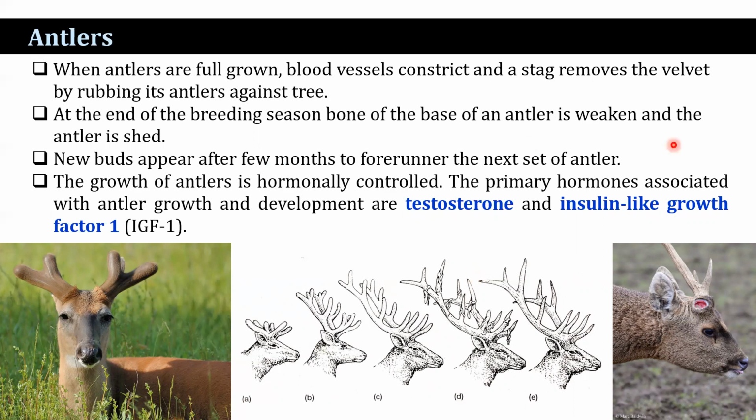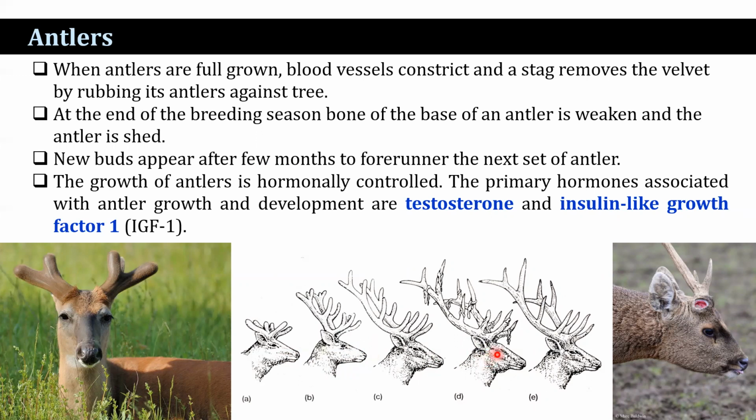And here you see an annual growth cycle of antlers. Antler growth begins especially in the late spring, stimulated by the pituitary gonadotropins. Then the bone grows very rapidly until halted by a rapid rise in testosterone production by the testes.